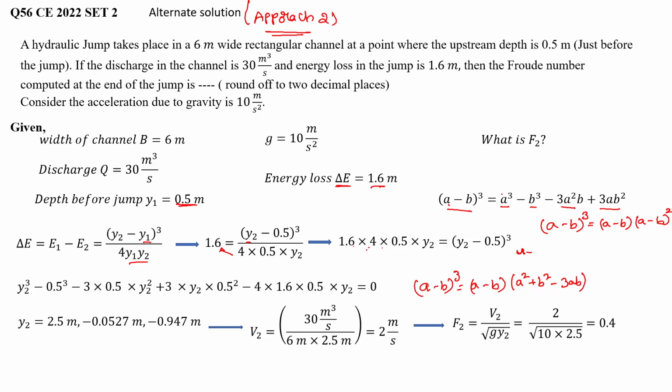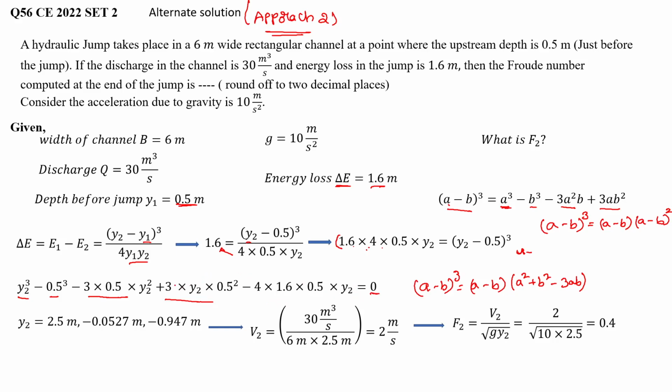If one expands this, we will reach this particular equation. We did it in a similar manner here: a cube minus b cube minus 3a square b plus 3ab square, and the extra term we have on the other side, we brought to the left side and made it equal to 0.